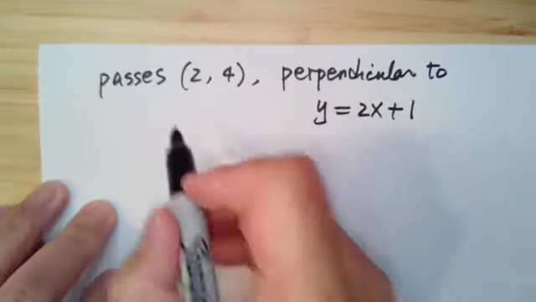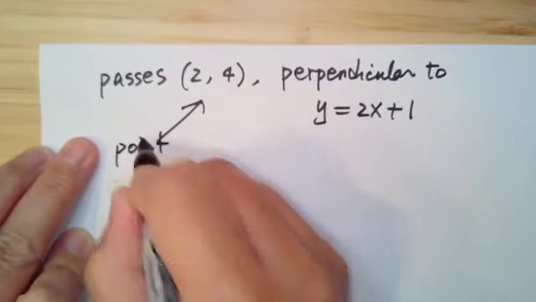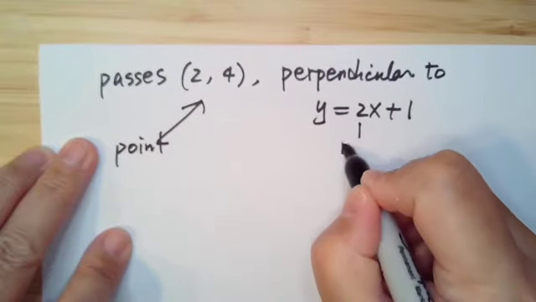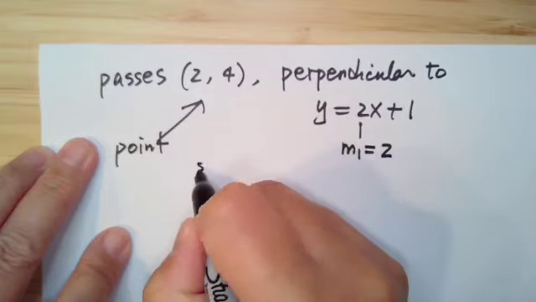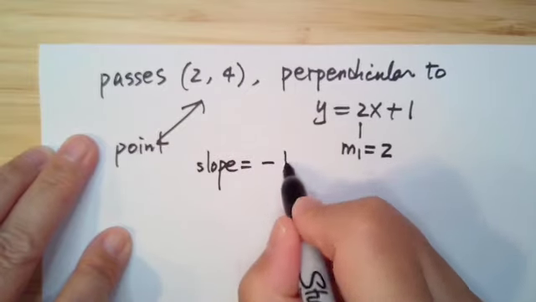Here's the point. And I need a slope. This slope, this is m1, that's 2, right? So what about the perpendicular? For two perpendicular lines, m2 should be the negative inverse of m1. So this slope should be negative 1 over 2.